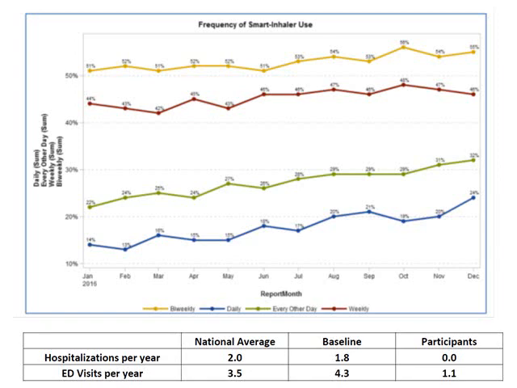So here in blue, you can see at 14%, at the beginning of the program, 14% of patients used the smart inhaler, and by the end of the year that they were tracking these patients, they got that up to 24%. And again, green is every other day, red is weekly, yellow is biweekly. So a full half of the patients are hardly even using the smart inhaler, for whatever reason.